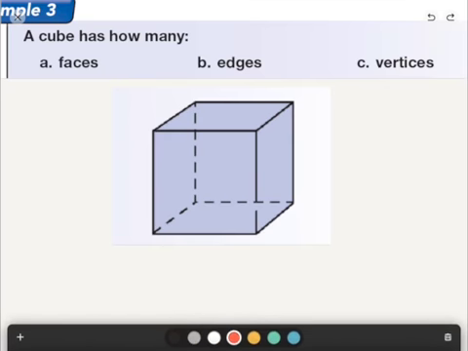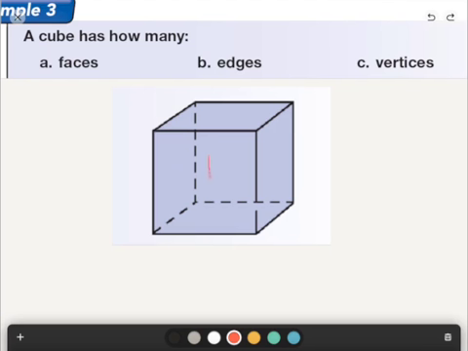Okay, so faces. How many? So imagine this is a 6-sided dice. How many faces does it have? Does someone want to answer that question? Oh, don't raise your hand if you've already raised your hand. Okay. Oh, Unch, what do you think? 6 faces.